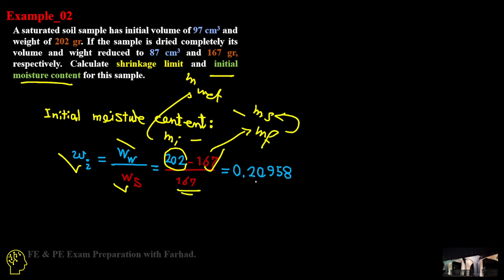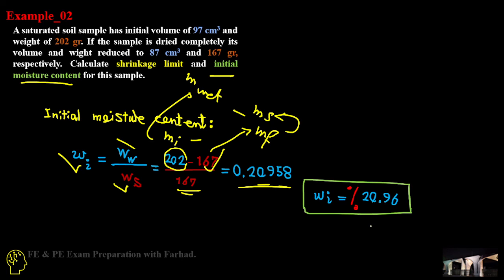That gives us 0.20 something. If you multiply it by 100, it gives you an initial moisture content of almost 21%.